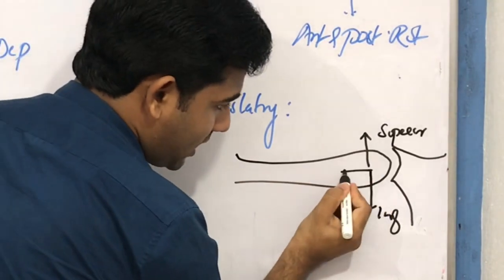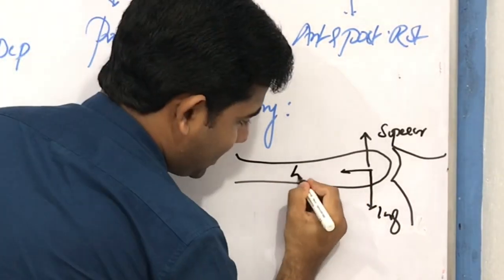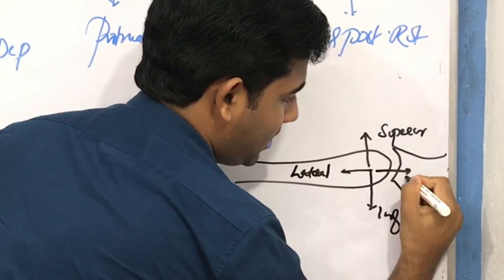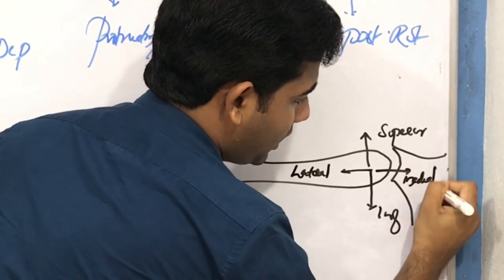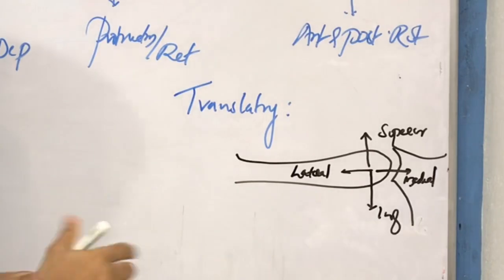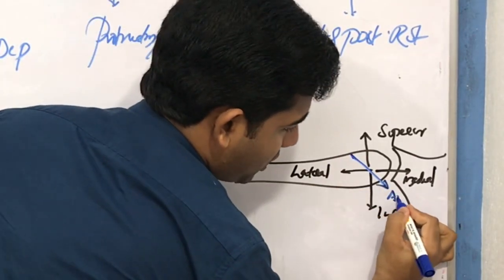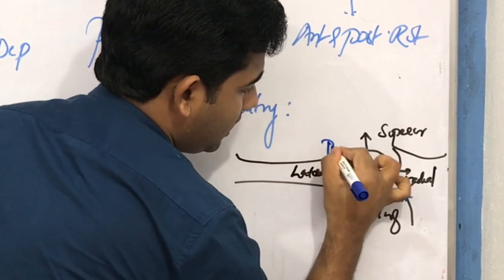It can move this side, translate a bit, that is the lateral translation. It can translate this side, that is a medial translation, and of course it can translate in the AP axis, anterior translation, and backward posterior translation.